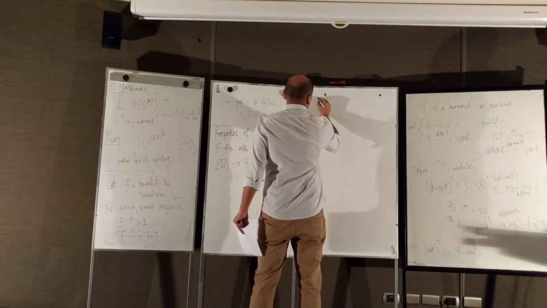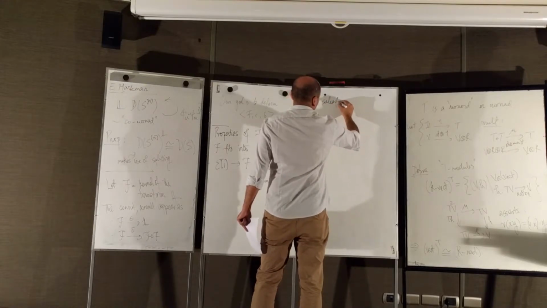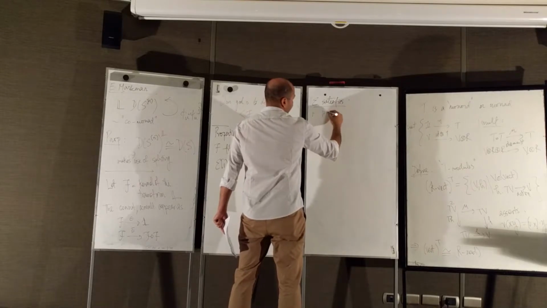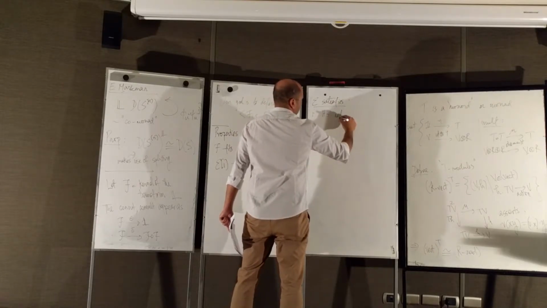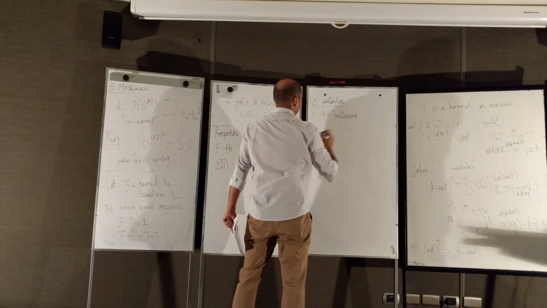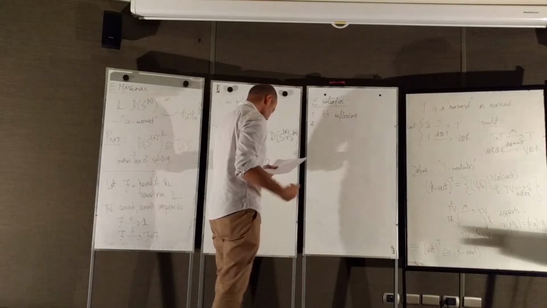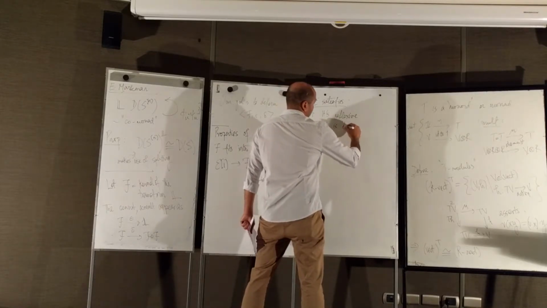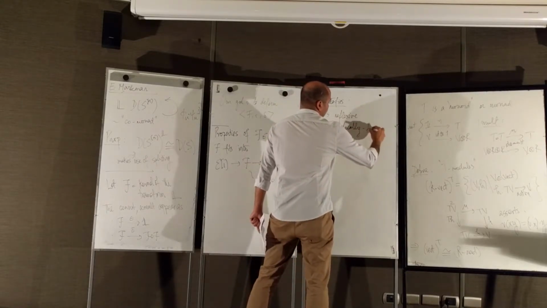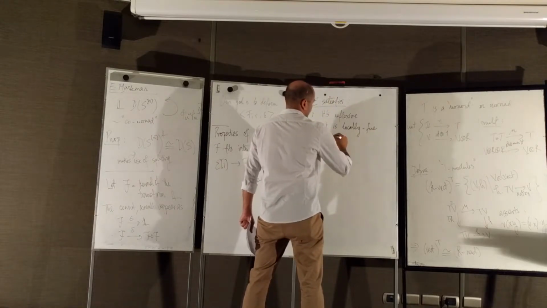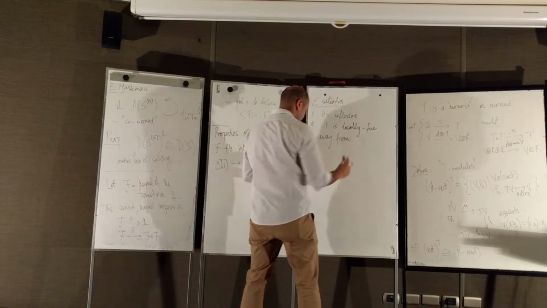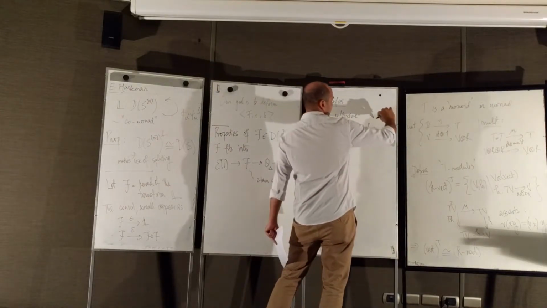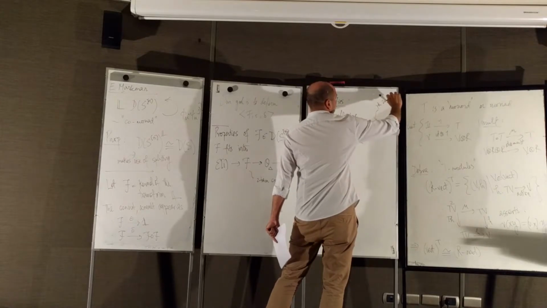So E satisfies the following conditions. One, it is reflexive. Two, it is locally free away from the diagonal. In fact, it is of rank 2n minus 2.